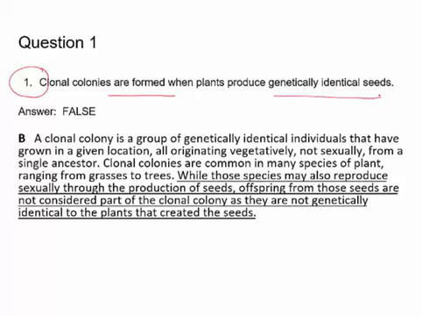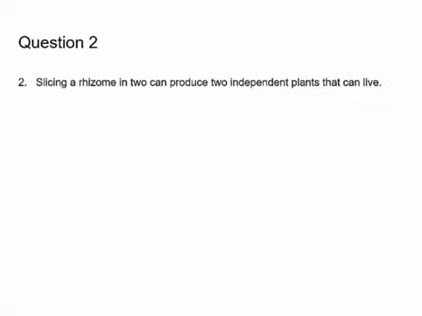No, we find that even though these plants can produce seeds, that is not the method of reproduction used to create clonal colonies. It's something different, and that process is described here in the essay. So it's a direct contradiction. The statement and this part of the passage contradict one another. The information does not agree. So that's why we can say false for number 1.